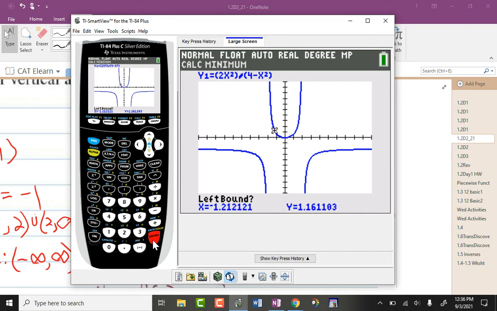It doesn't matter how many times, just make sure you're left of the lowest point. And then the right bound. You're helping the calculator focus on an area where you want to find the minimum point. So you want these arrows pointing at each other, and then it's in between those two lines. If you have an older calculator, you don't get those lines, but you do get the arrows. Guess is useless. Just hit enter again until you see the word minimum.